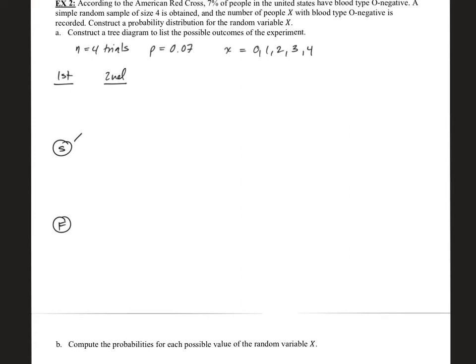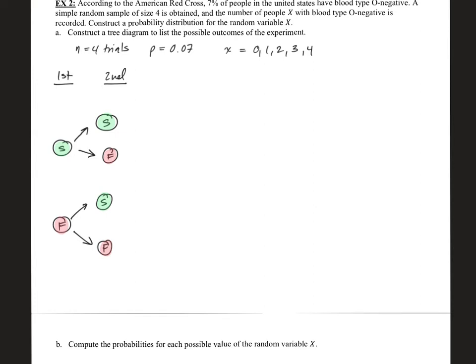For the second trial, we could have a success or a failure. And then for the other one, we could also once again have a success or a failure from the first failure. We go ahead and color code these a little bit. So success will go with green, failure will go with red. So we can follow the path of success or failure.